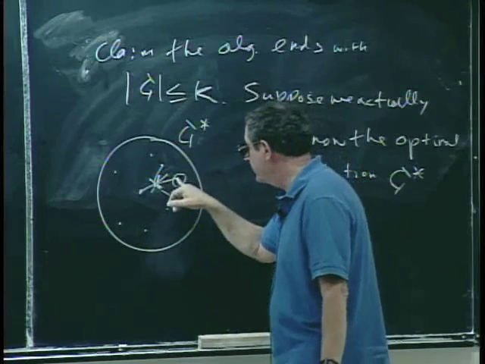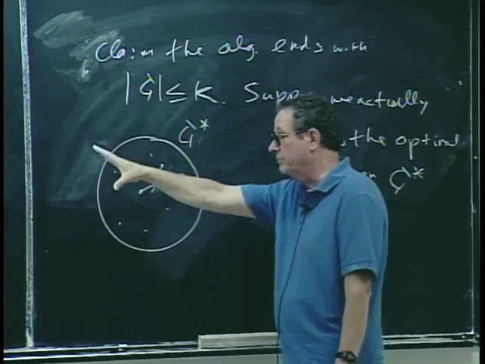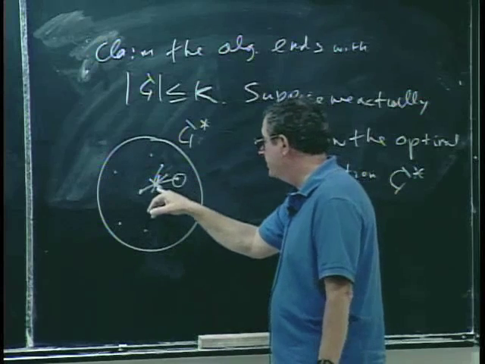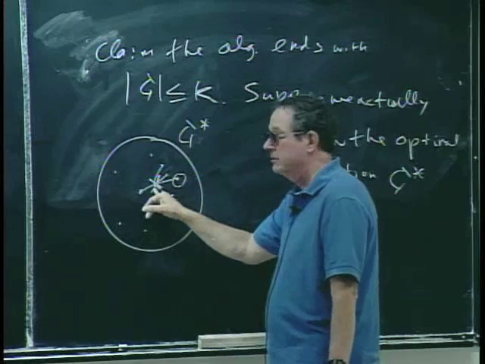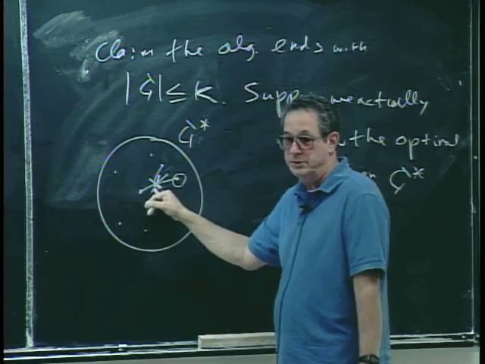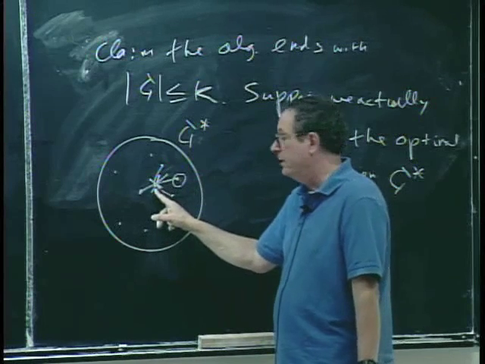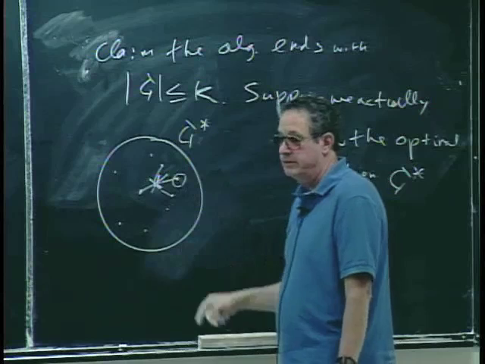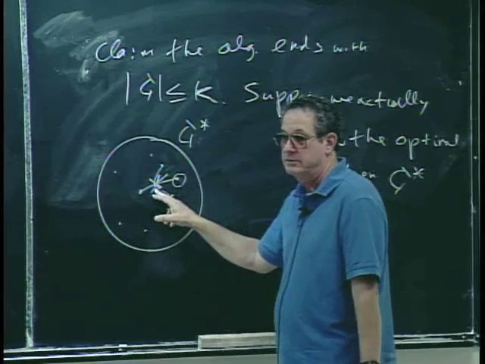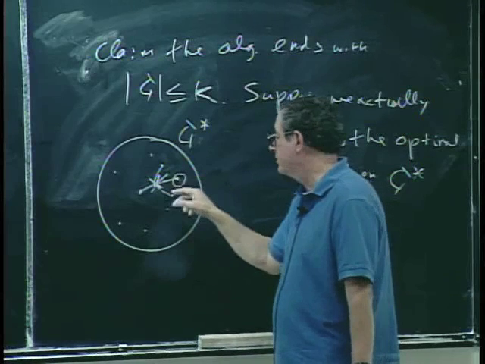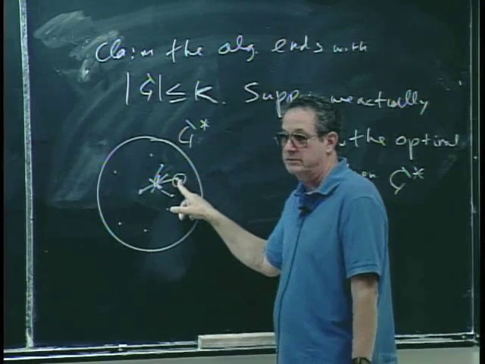So this is a site that the algorithm picks. This is the center in the optimal solution such that this site is within distance R of it. Now look at all the other sites that are within distance R of this center. They're within distance 2R of this site.